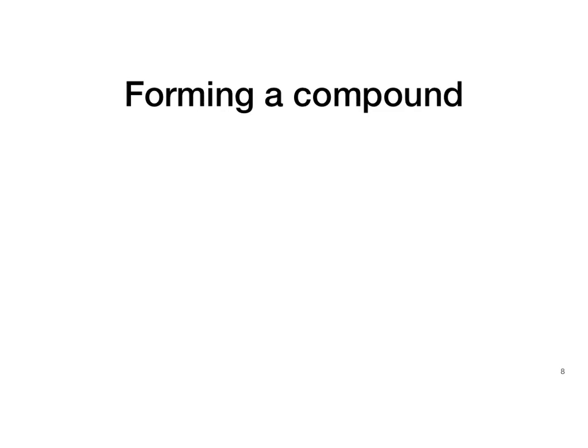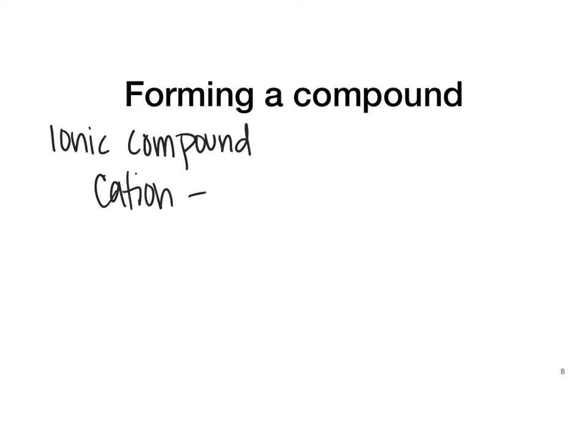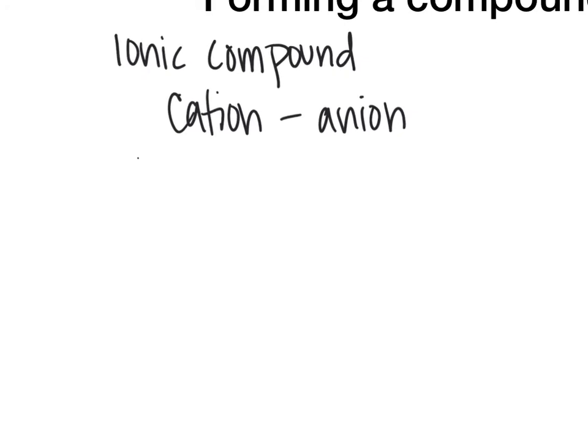So, forming a compound. An ionic compound is a cation interacting with an anion. Cations are often metals.